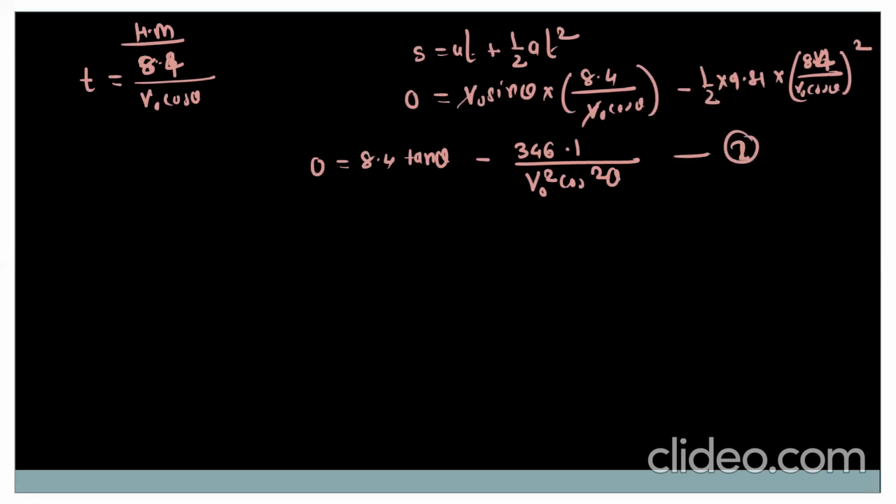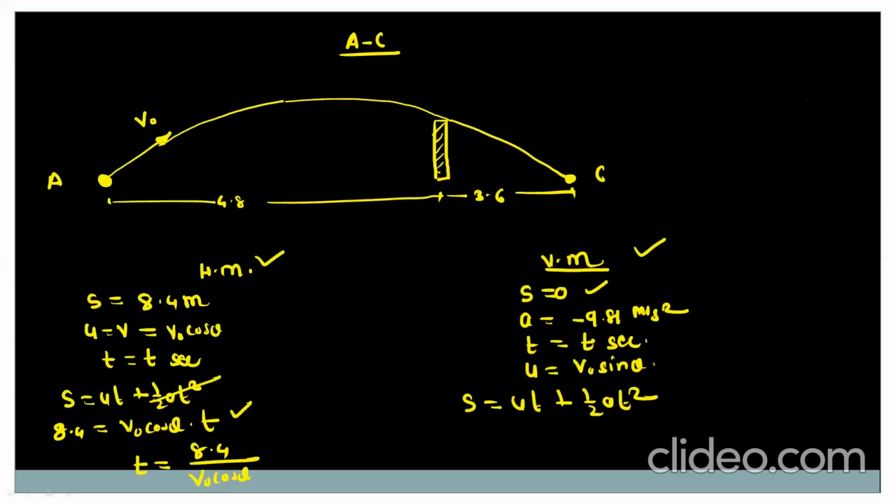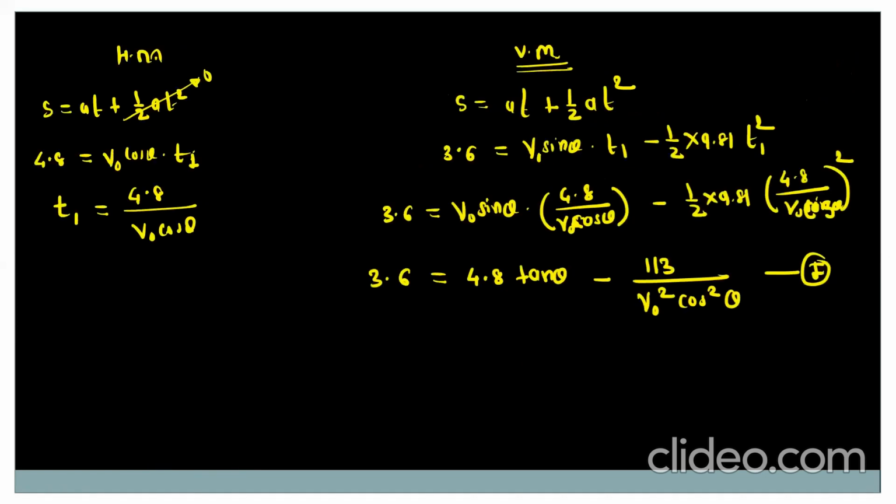So now solve the equation 1 and 2 simultaneously. So refer the equation 1. So this is the first equation, 3.6 equal to 4.8 tan theta minus 113 upon V naught square cos square theta.